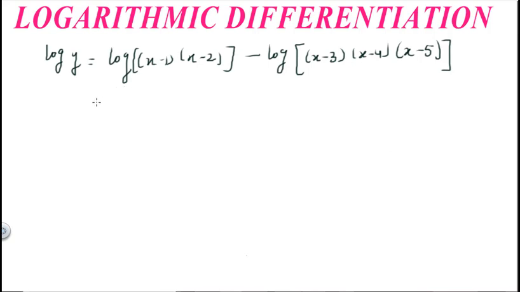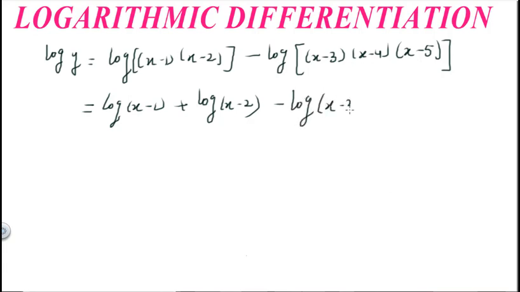Now, as you know, log of a into b is log of a plus log of b. Similarly, here these all three will be added, but as there is a negative sign outside, the negative sign will come: minus log of (x minus 3), minus log of (x minus 4), and minus log of (x minus 5). Clear? So this is done now.